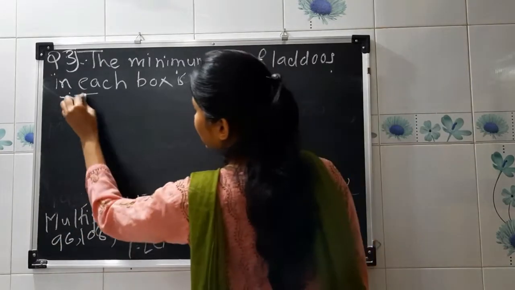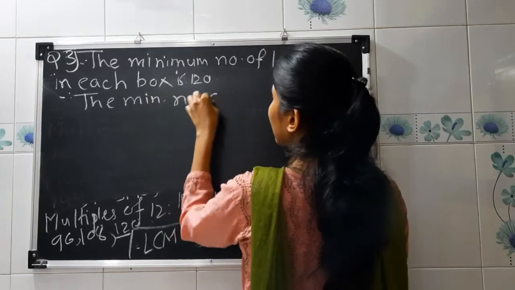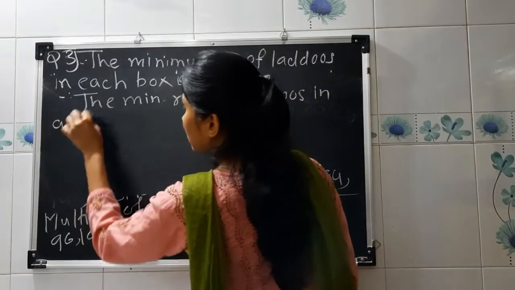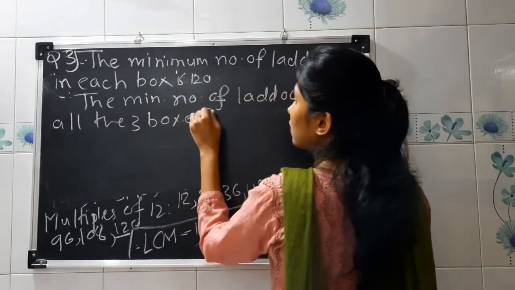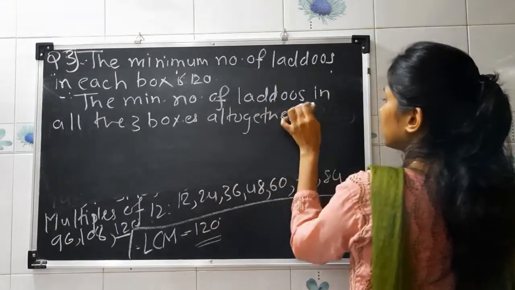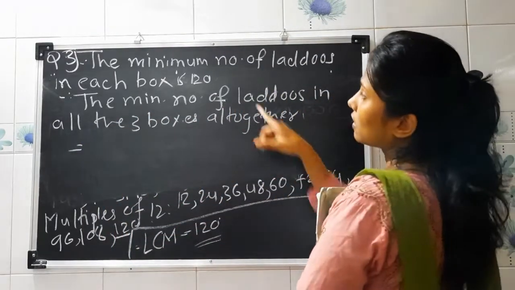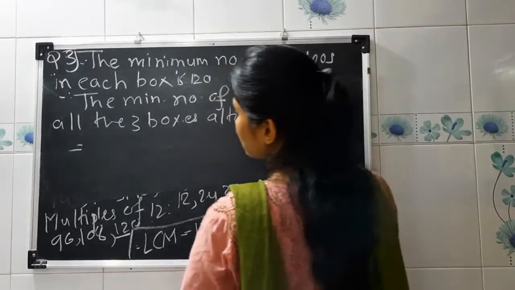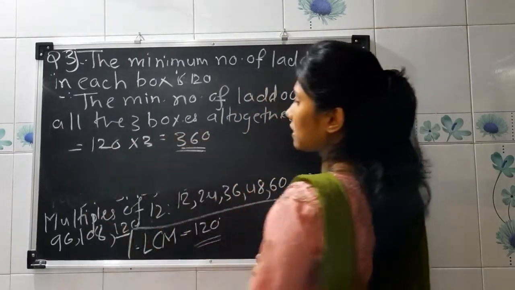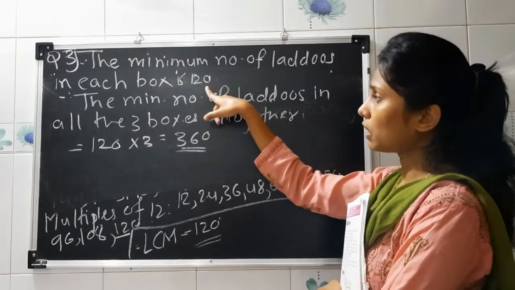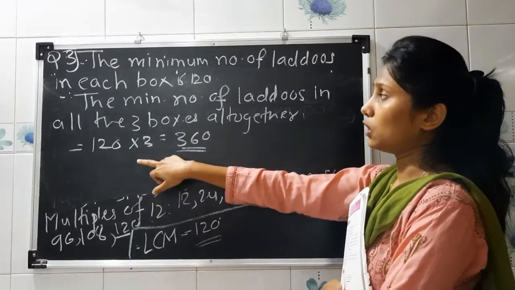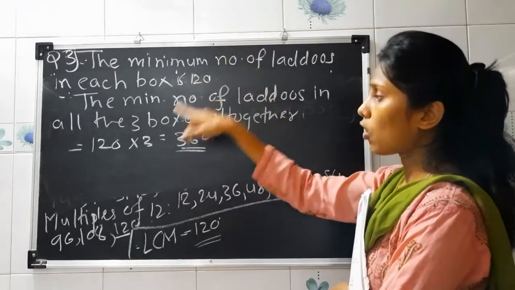Therefore, the minimum number of laddus in all the 3 boxes altogether is equal to the minimum number of laddus in each box, 120, times the number of boxes.